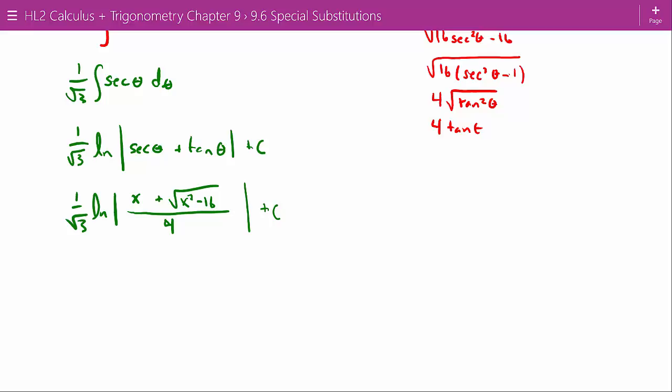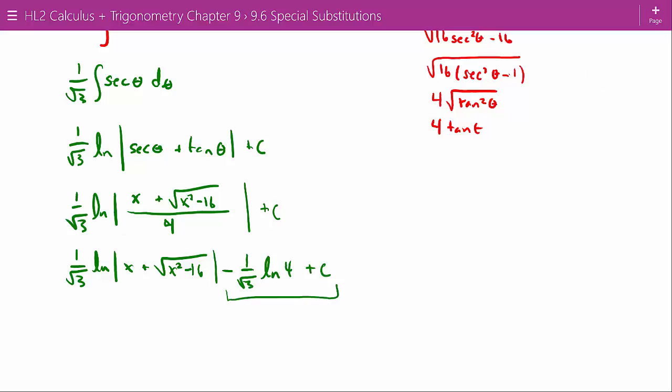And, okay, so what happens now? Well, using properties of logs, we can break this apart, numerator and denominator, into 2 different logs, using subtraction. And this whole thing right here is just some constant.